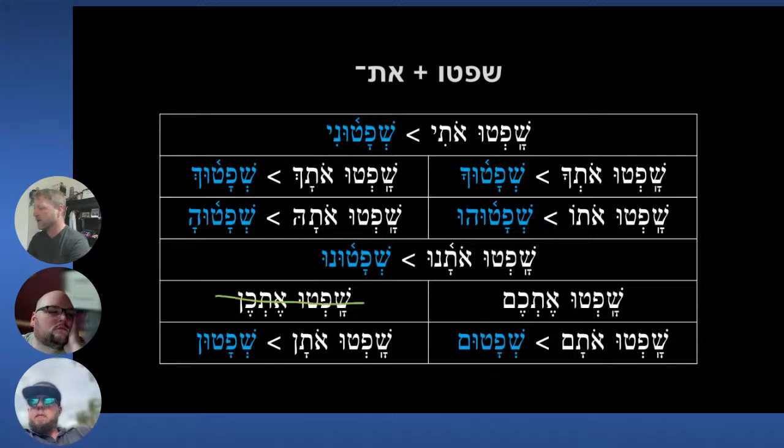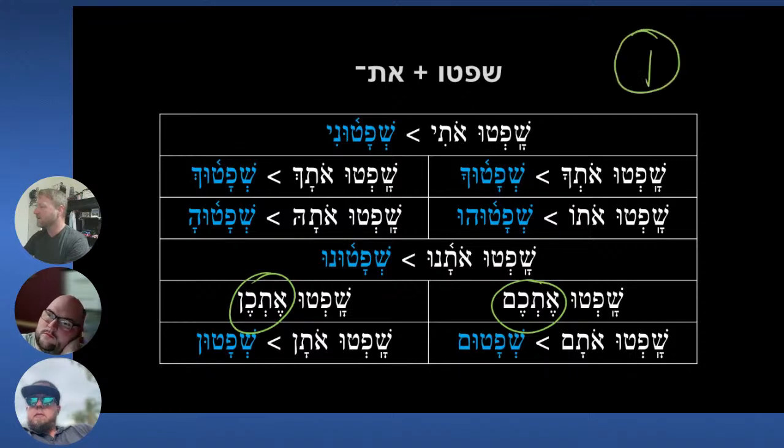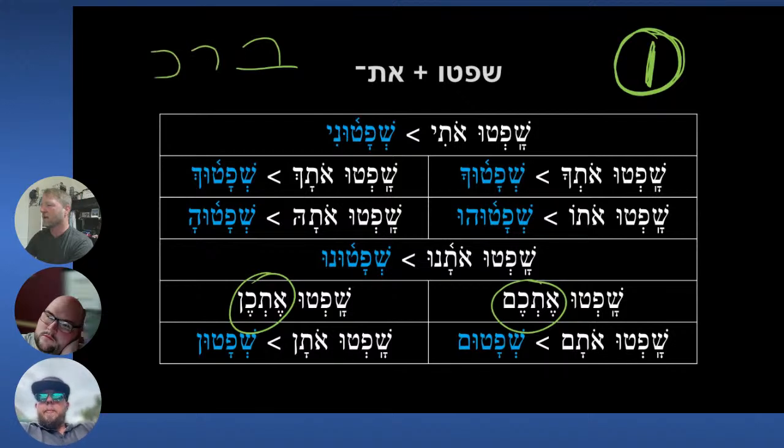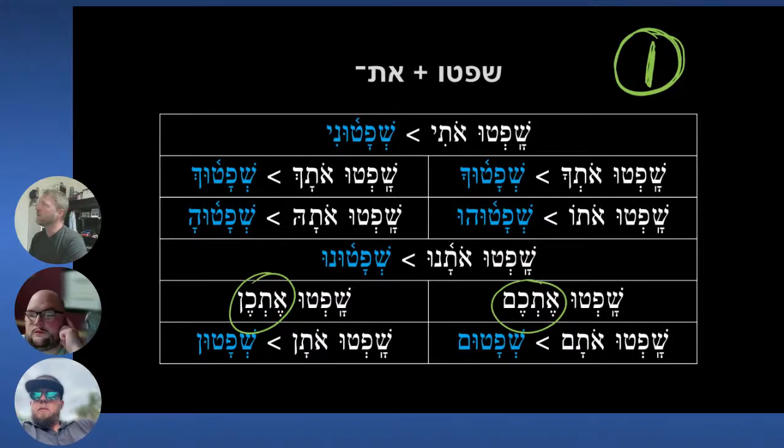Notice I am not going to give etchem and etchen, because these are in the past tense, the perfect. The etchem or etchen is added only one time, and that's on the word berach. Berachechem, I think it says, they blessed you, he blessed you.